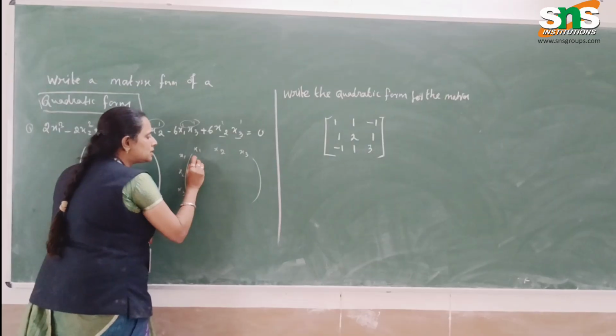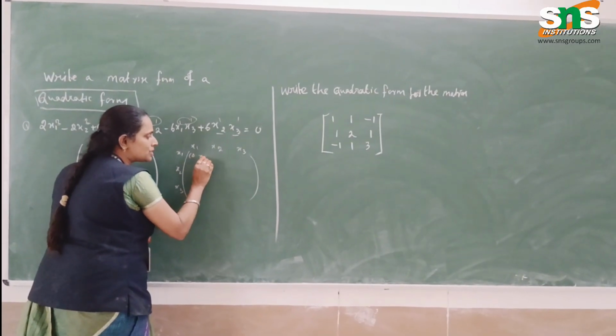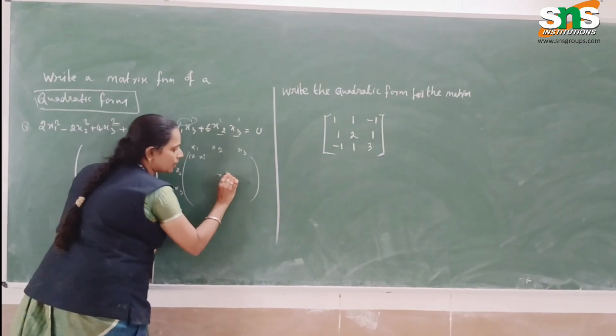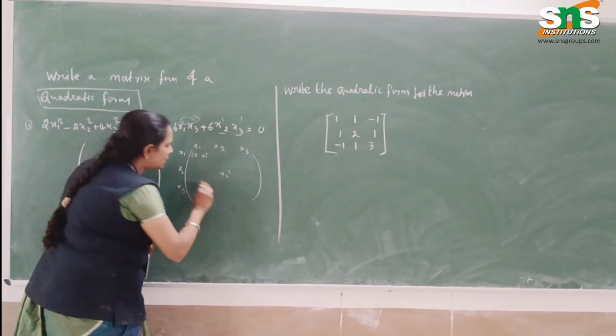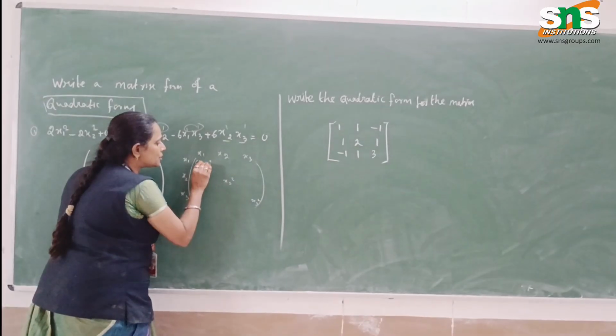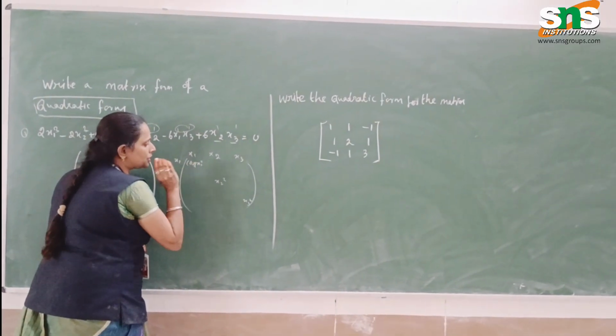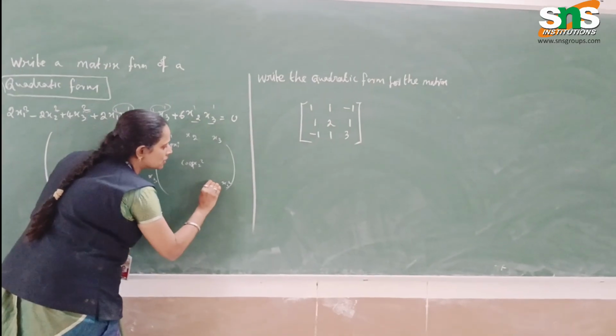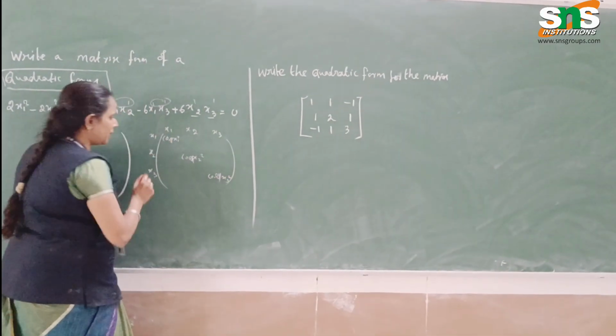First we have to fill the diagonal: the coefficient of x1 square, the coefficient of x2 square, and the coefficient of x3 square.